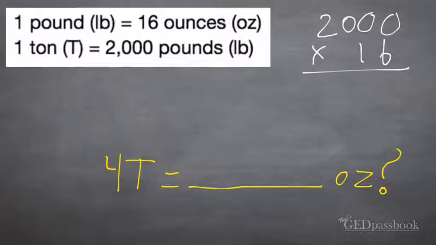What is 2,000 times 16? I'm just going to jump ahead and give you the answer. It is 32,000, right?